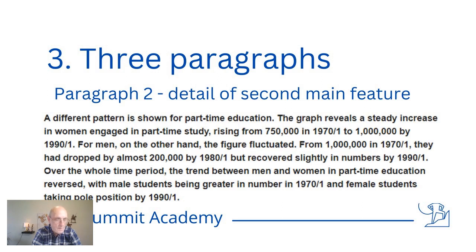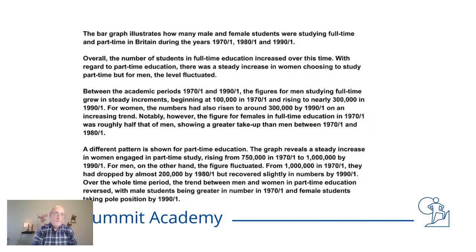Okay, so remember, in one paragraph I talked about full-time studies, and in the second paragraph I talked about the part-time studies. But I didn't talk about both in the same paragraph, okay? And then if I look at my whole essay, it's a total of 4 paragraphs, okay?